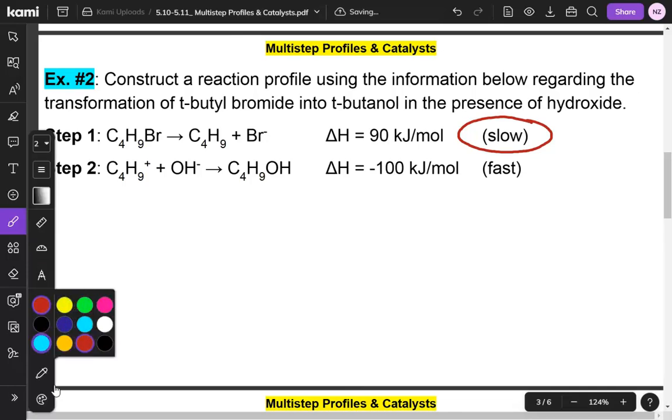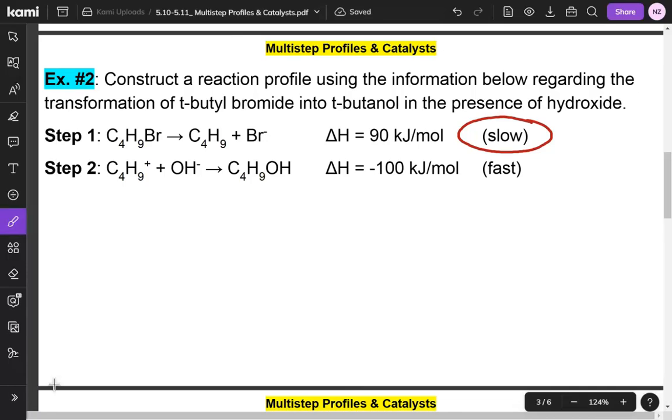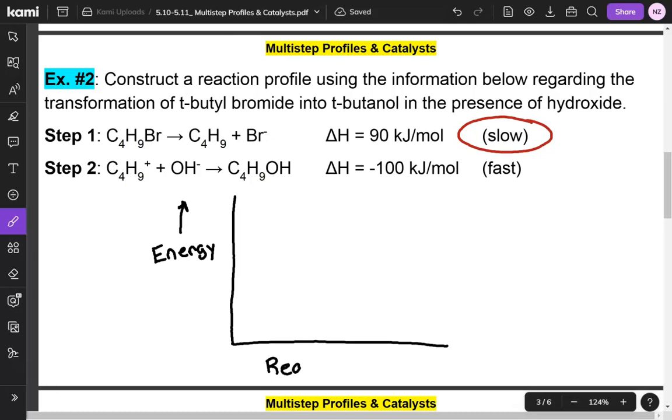So when we draw our reaction profiles for a multi-step reaction, on our y-axis is going to be our energy. Energy will increase as I move up on my profile. And going to the right is going to be our reaction progress.